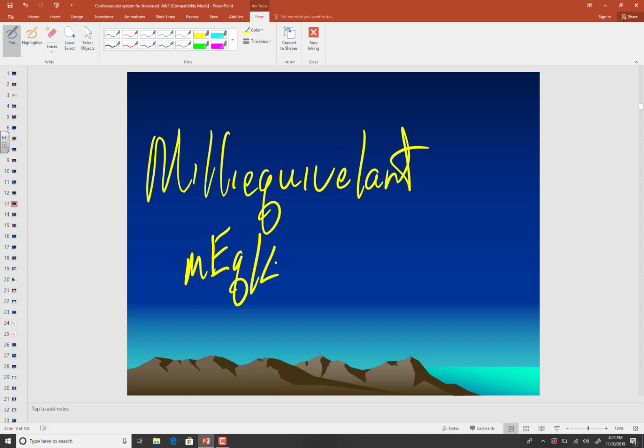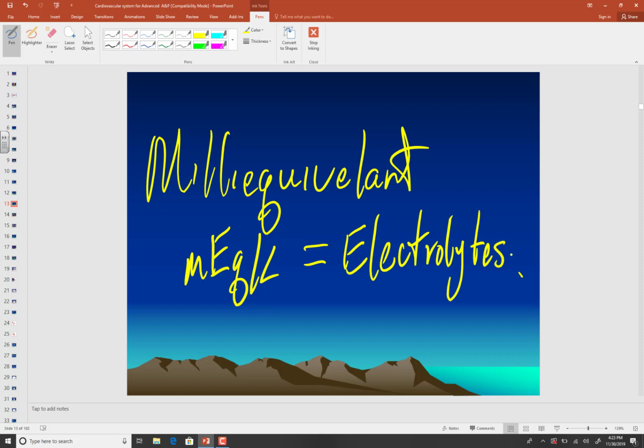And when you see a milliequivalent, you're always dealing with electrolytes. So that's how electrolytes are measured. That's how they're administered, as milliequivalents per liter.